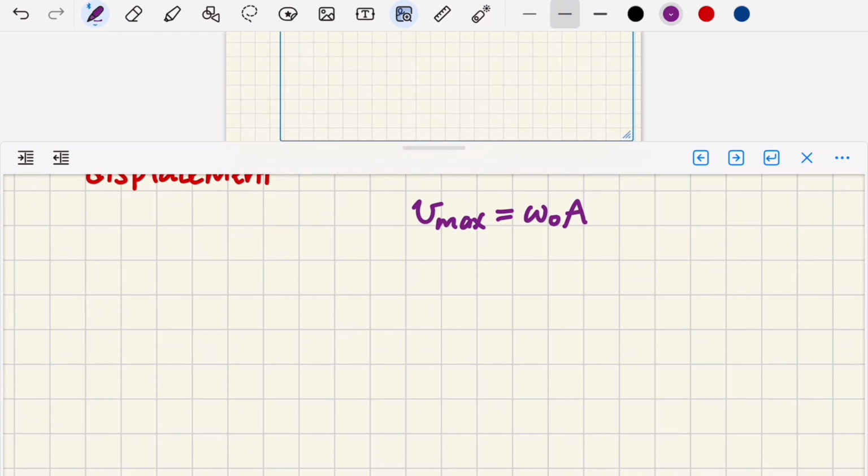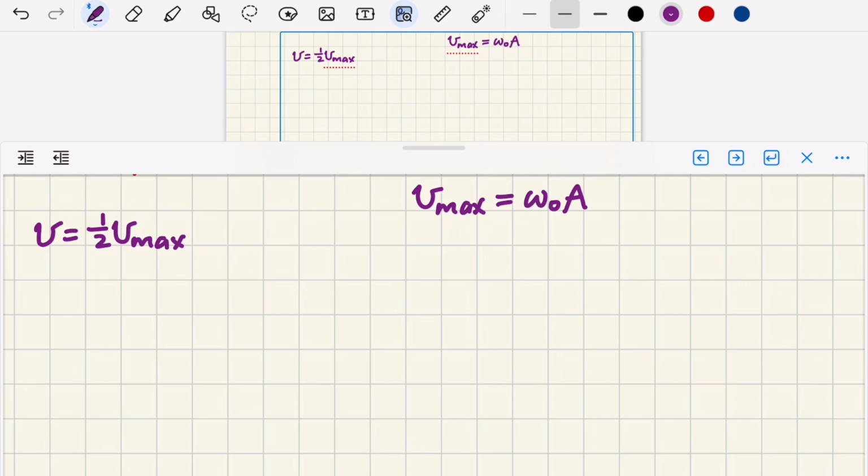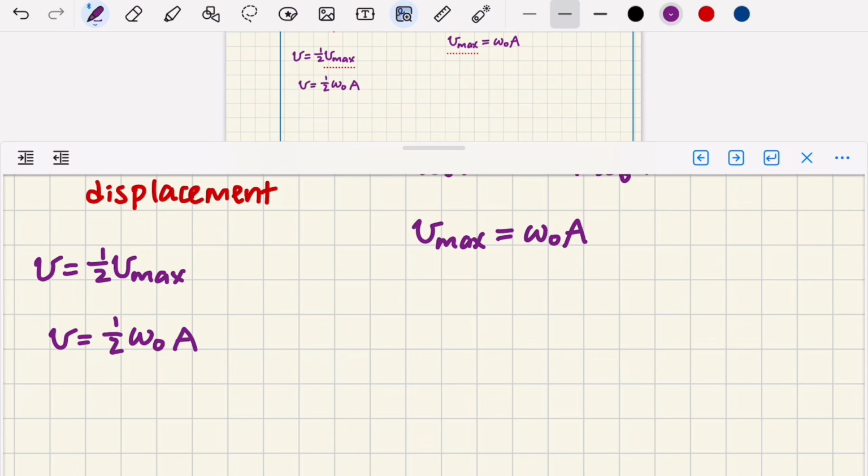What that means is the velocity as we were given, which is 1/2 Vmax, we're going to use this equation here. We're going to say that V is equal to 1/2 angular frequency times amplitude.